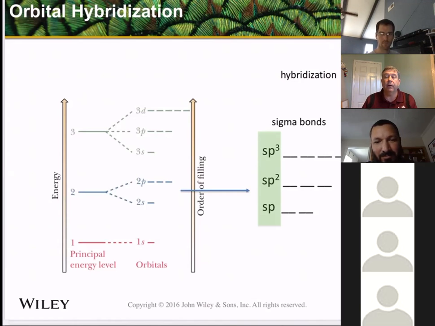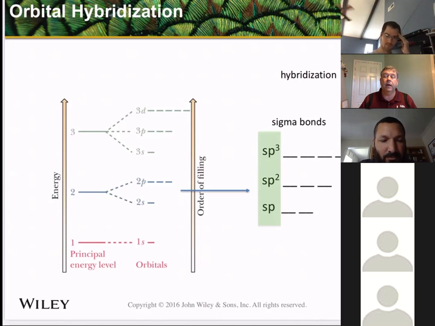When we blend those, hybridized orbitals will always form sigma bonds. Unhybridized p orbitals will form our pi bonds. I think that is a very significant thing to keep track of in your mind. If I have an sp3 hybridized carbon, I have no p orbitals, so I cannot have any pi bonds.